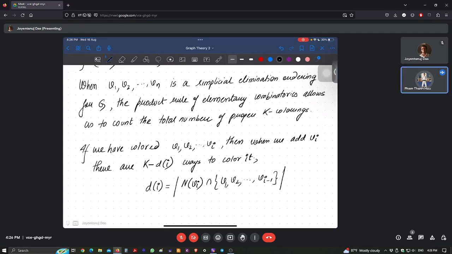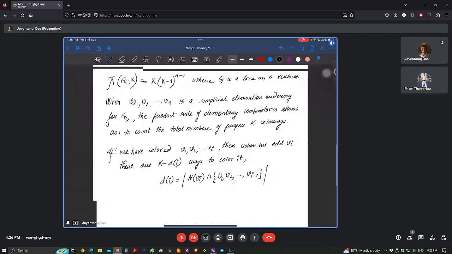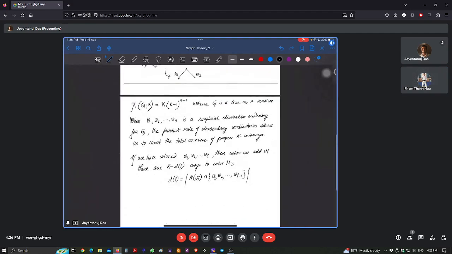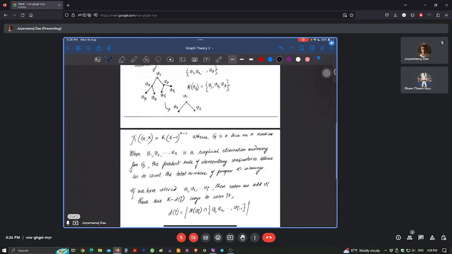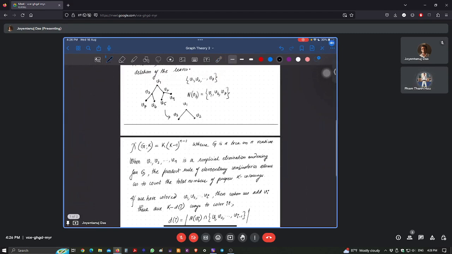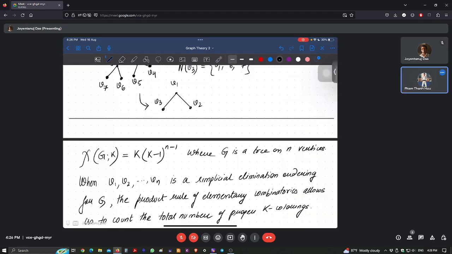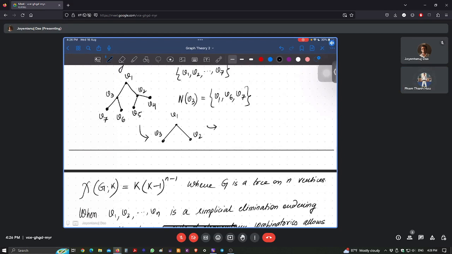While choosing the colors, we start from the first vertex. Let us do one example, then it will be clear. Here, after this stage, we are left with only v1 and v2, and then finally I am left with only v1. So now this v1 has k choices.